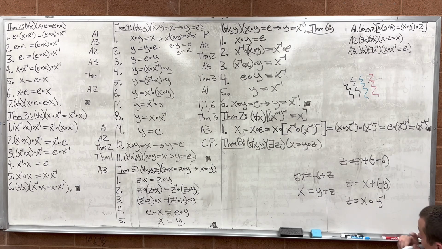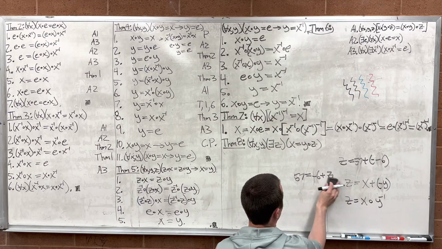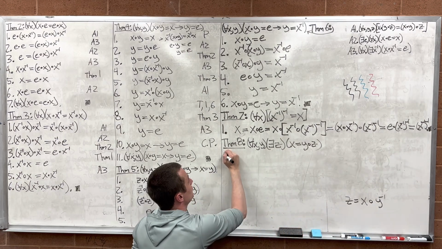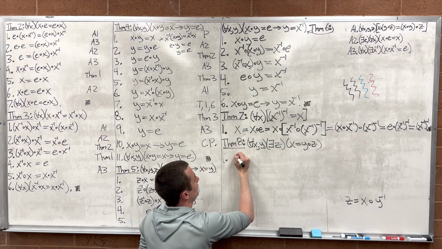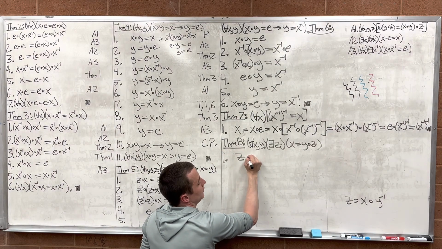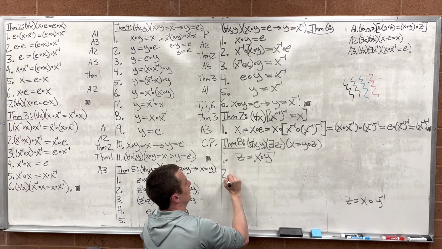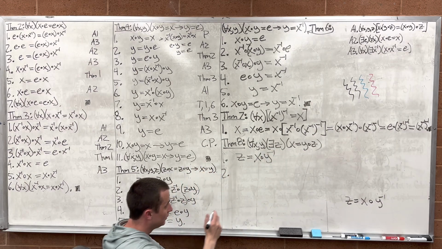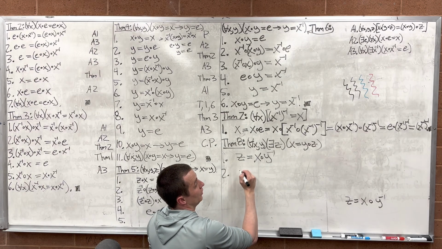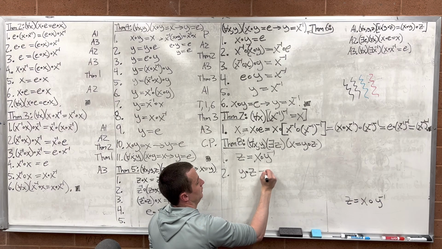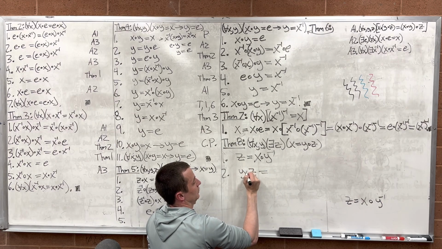So that's exactly what we can do. We can let z equal x compose y inverse. Then y compose z is equal to what? And we can figure it out from here.